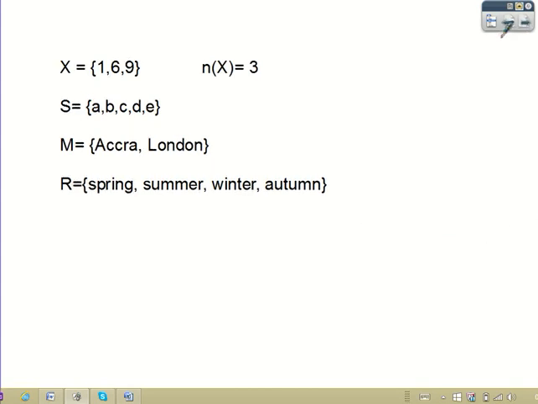Have a look here. I've done the first one for you. The number of elements of set X equals 3. What I would like you to do is now pause the video and answer the next 3 examples using this new set notation that shows us the number of elements that are present in a particular set.